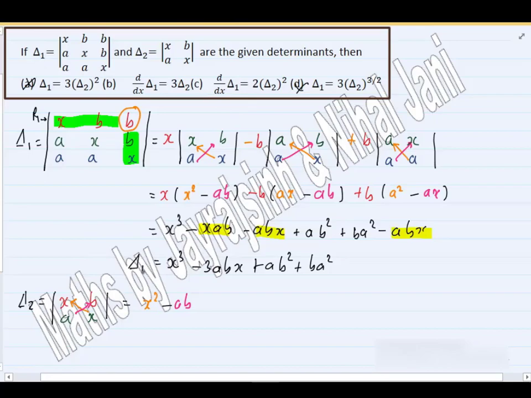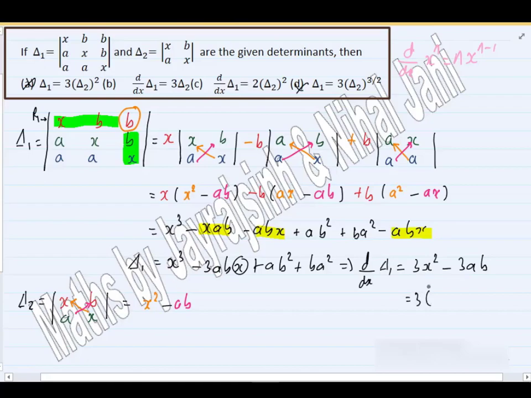We already have delta 1, so we can say d by dx of delta 1 is the differentiation. We all know that d by dx of x raised to n is n into x raised to n minus 1, right? So d by dx of x cube will be 3x square, 3ab is a constant, and the differentiation of x will be 1, so here we'll get 3ab.